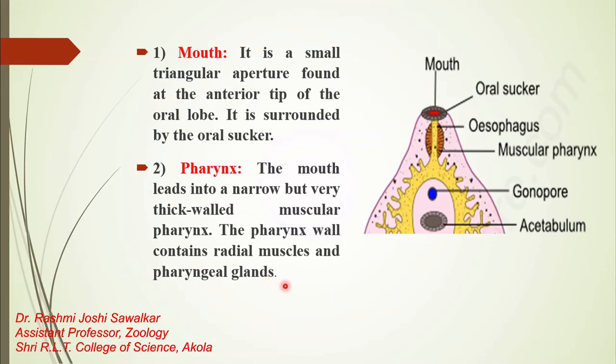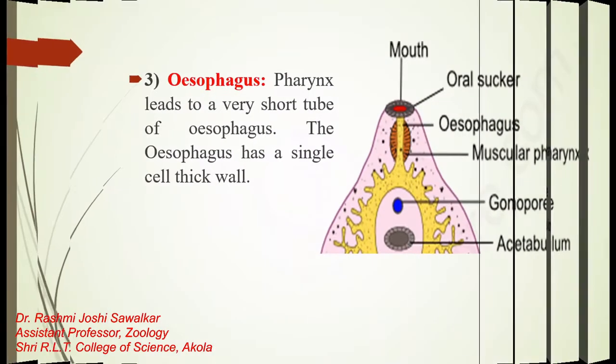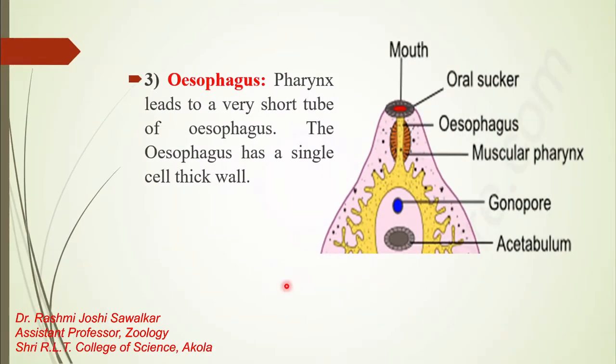Now, after the pharynx, let's see the third part, the esophagus. The triangular opening is the mouth, which is surrounded by the oral sucker.